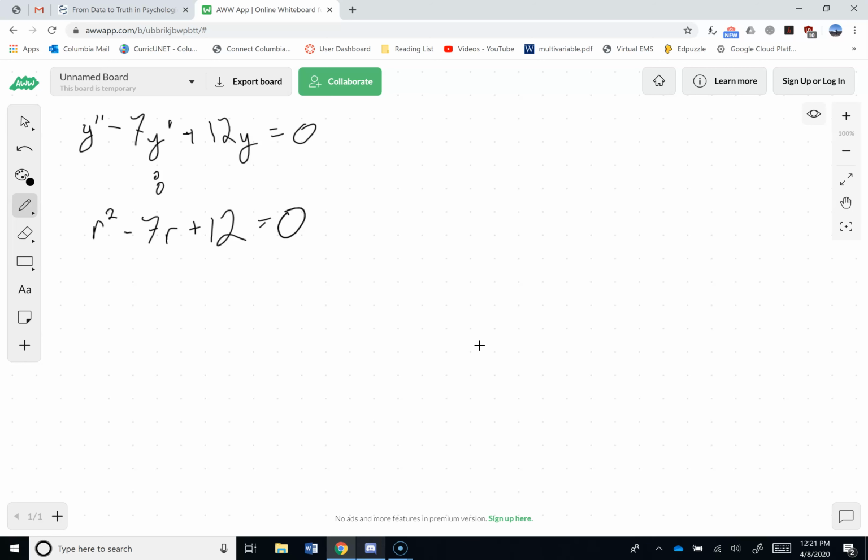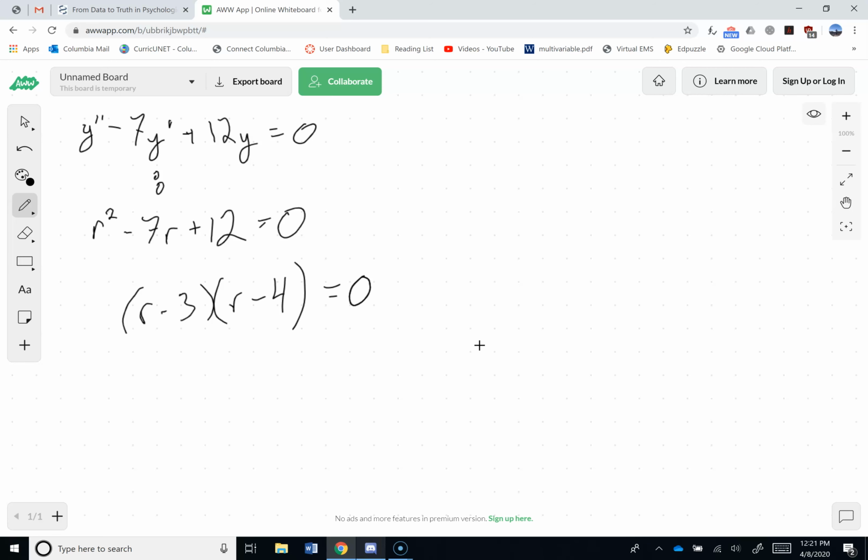Let's see, things that multiply to 12 and add to 7. Maybe 3 and 4. So r minus 3 times r minus 4.